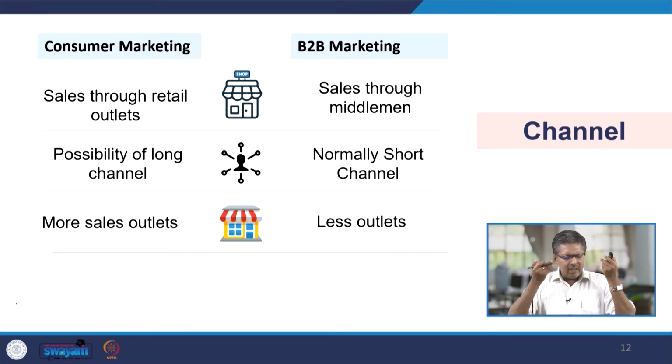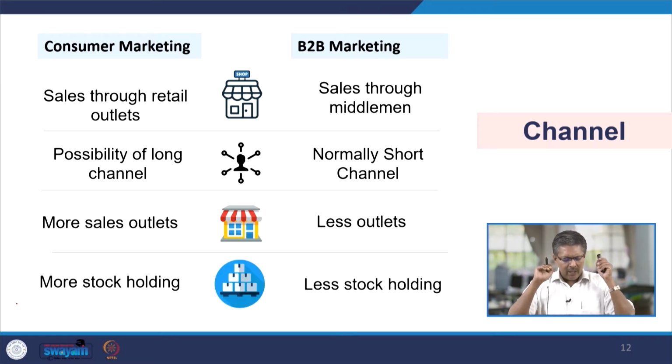Sales outlets are less in the B2B market in comparison to the B2C market, and obviously the stock holding is also pretty less, because business owners, business houses, are very tech savvy. They understand technology, they understand the importance of competition, the role of technology, the change in technology that can have an impact on them.